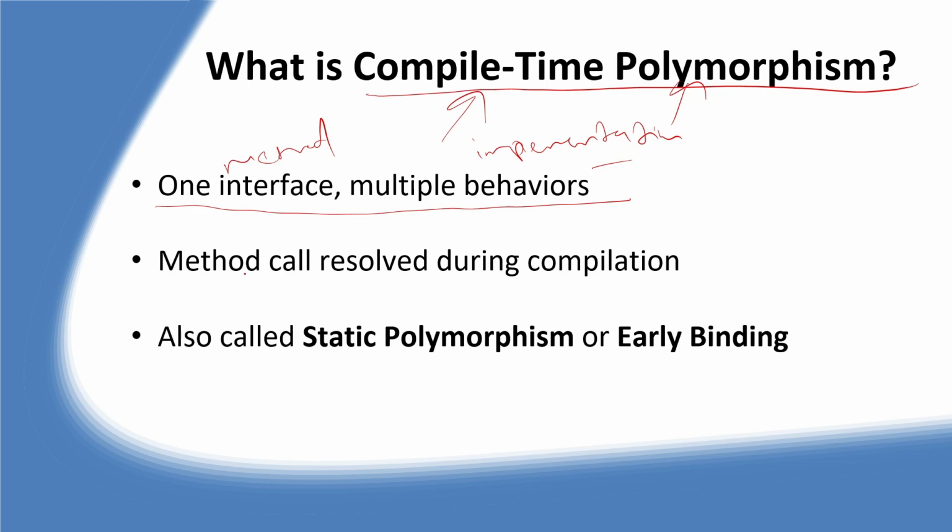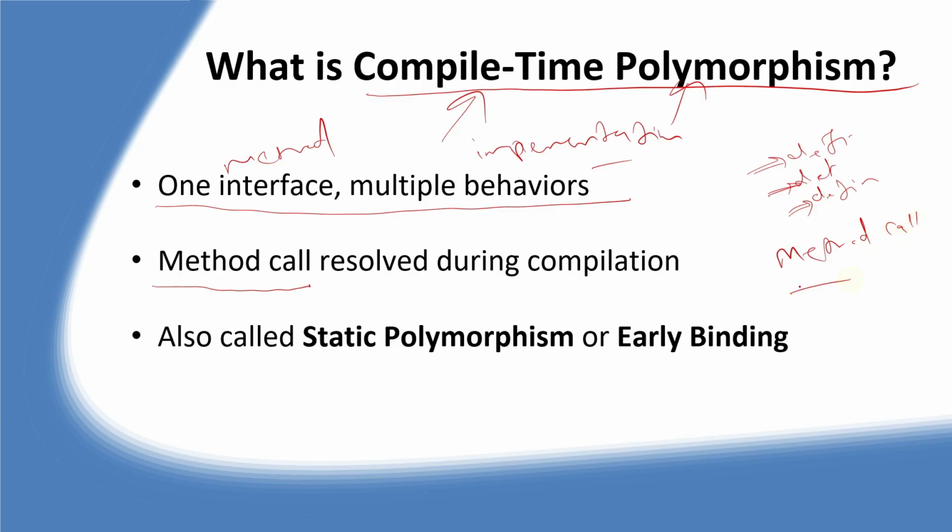Okay, so method call. What is method call? So we will be having different method. So different method means method definition. Okay, different method definition. But when this method definition will get called, okay, so this depends on the method call.